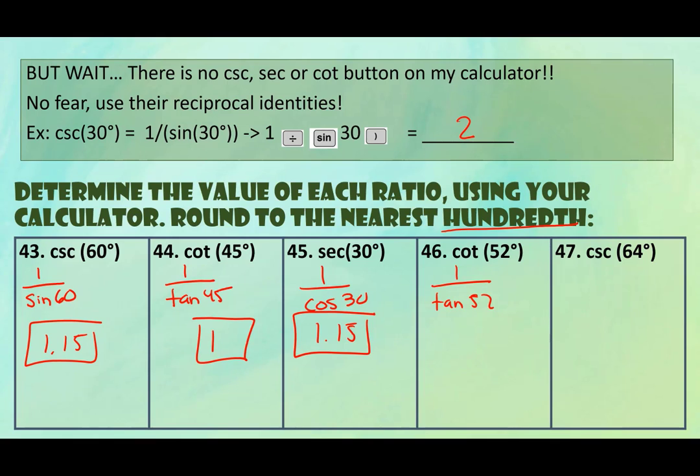So we have 1 divided by tangent of 52, and that's going to give us 0.78. And then again, last but certainly not least, we have cosecant, which is going to be 1 over sine of 64. So we're going to do 1 divided by sine of 64 right in your calculator. Again, you want to make sure that this is in degree mode. If your answers are not matching up, that's probably the problem. So you have 1.11.